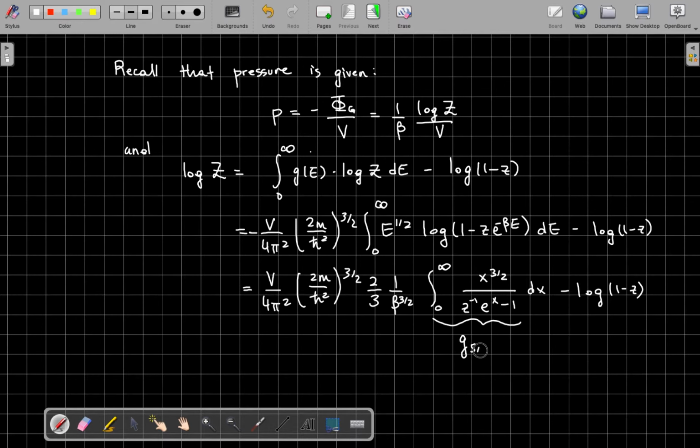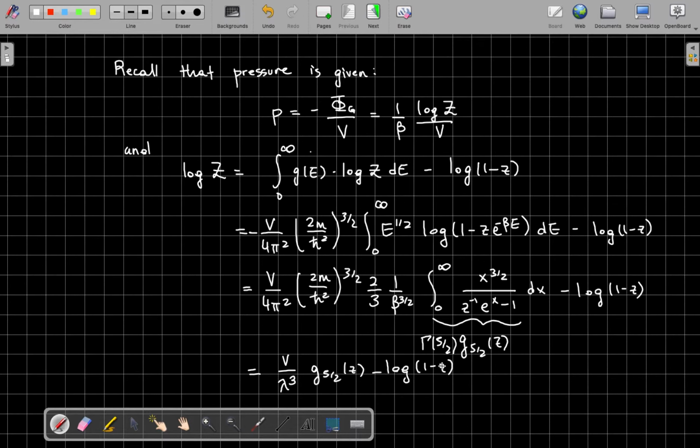This is g of 5/2 of z times gamma of 5/2. And so the end result is that you get V over lambda cubed times g of 5/2 of z minus log of 1 minus z.